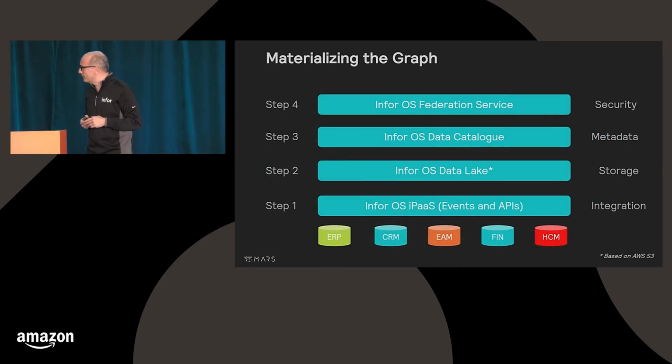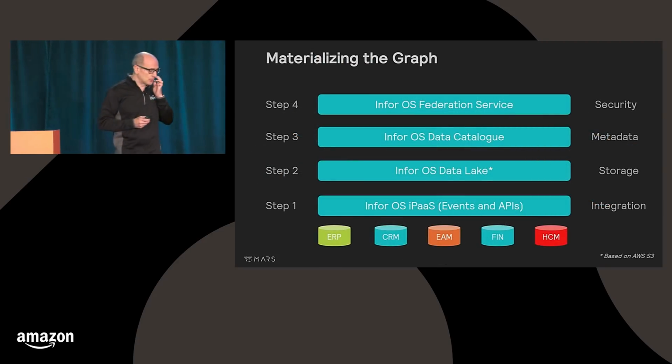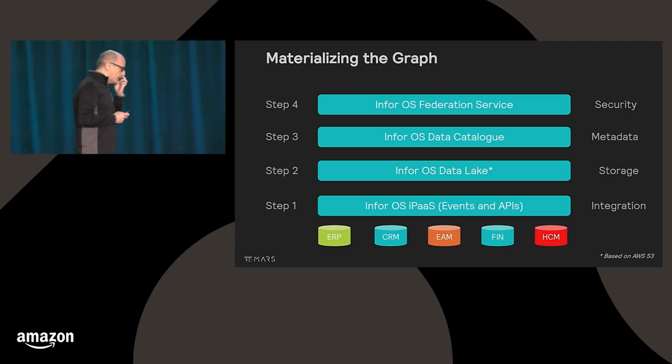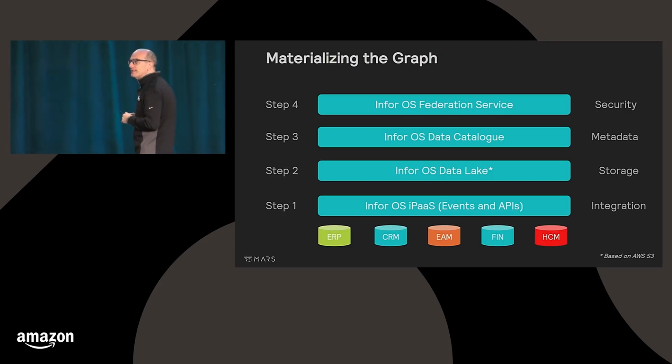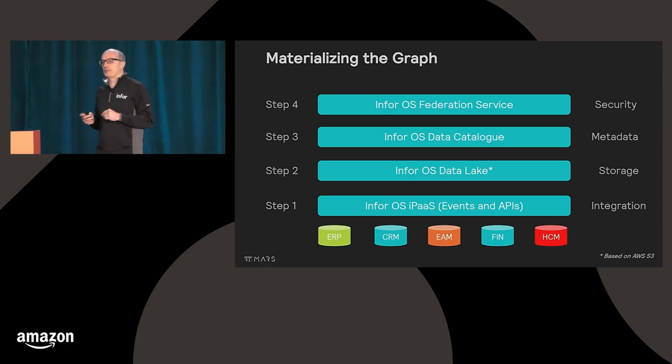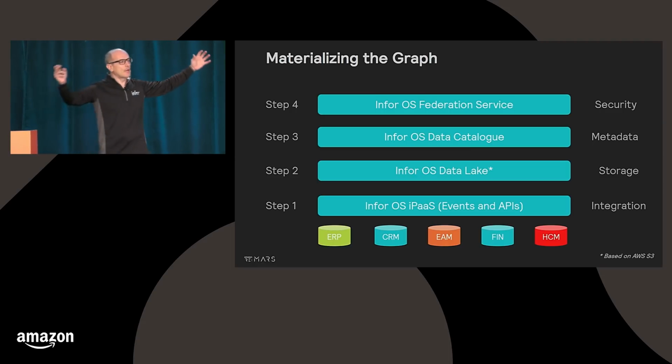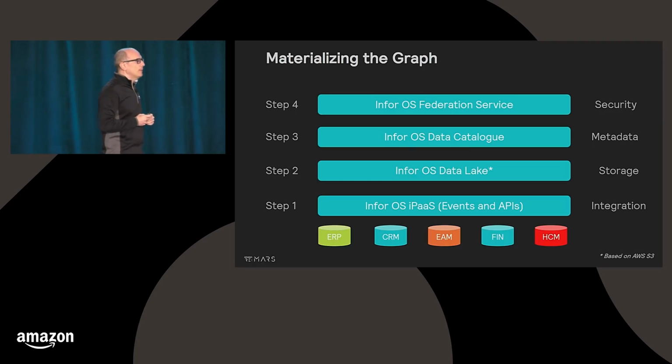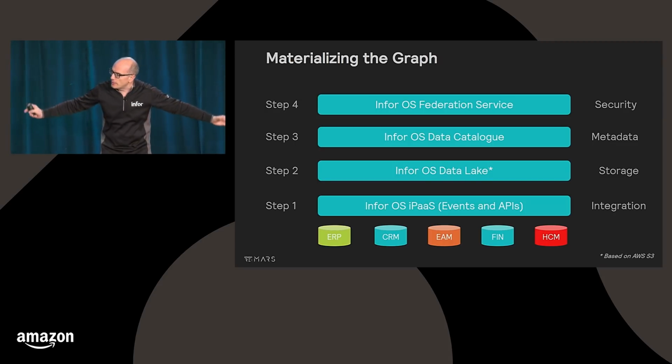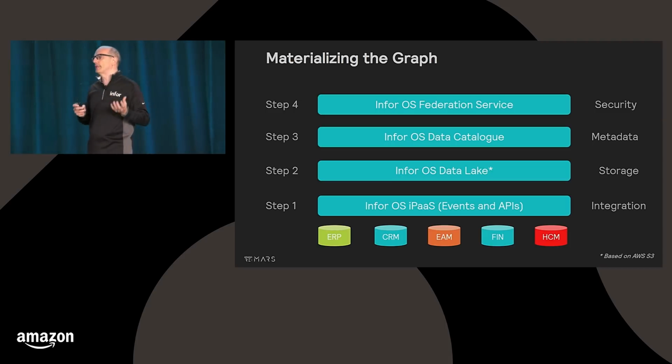So the data graph is part not only of our integration, but on the second step, of our Infor data lake. All the data that we have in the applications in our cloud suite, we are able to bring through our integration layer into one single place called the data lake.